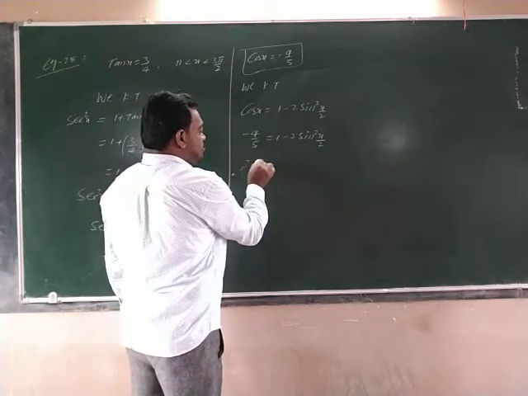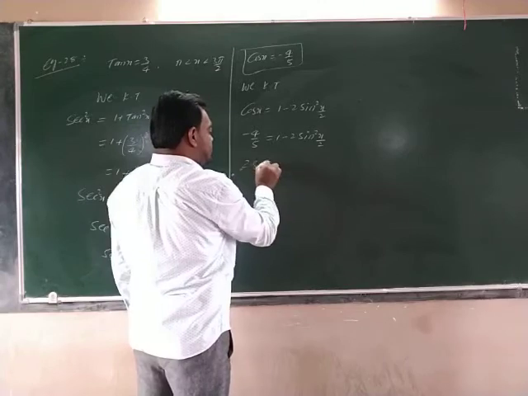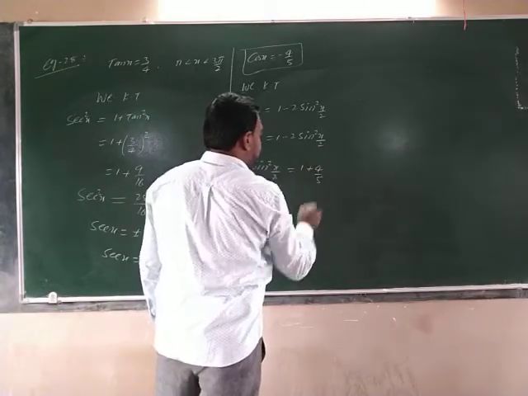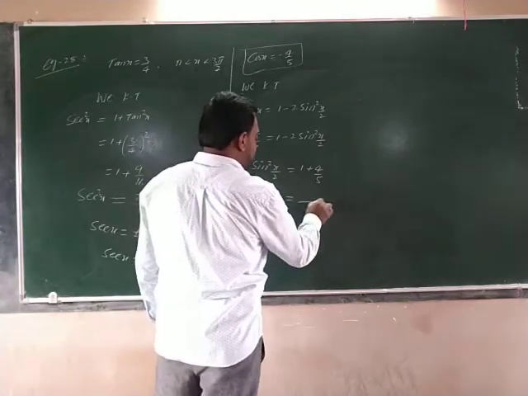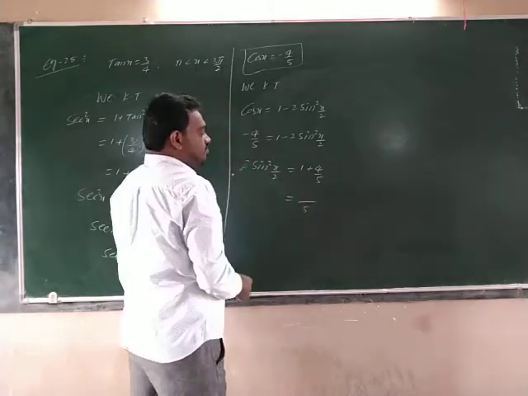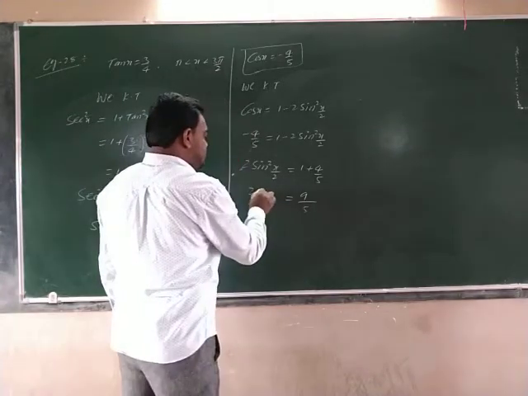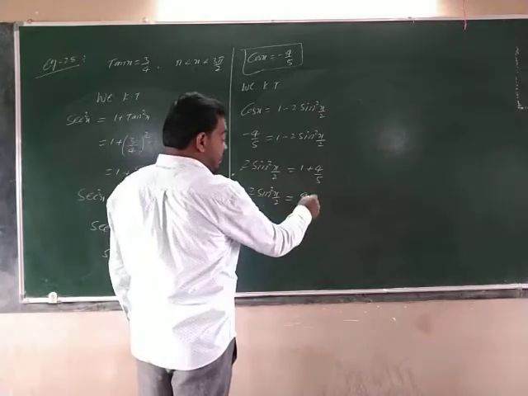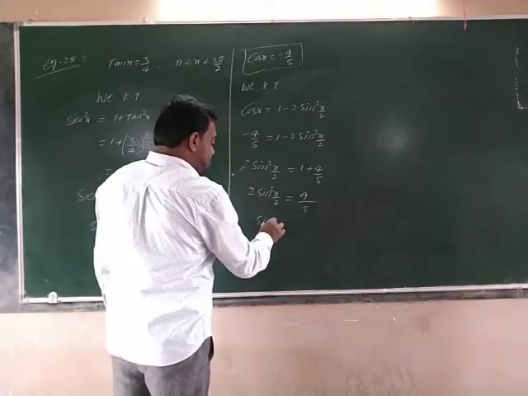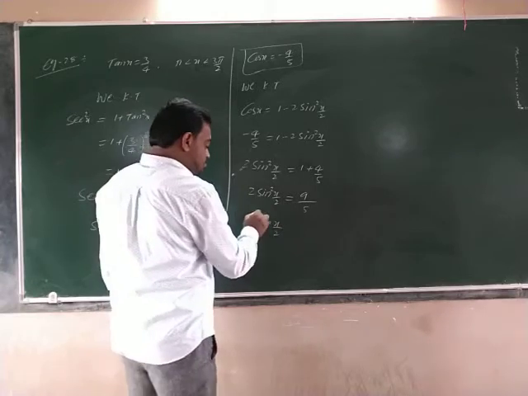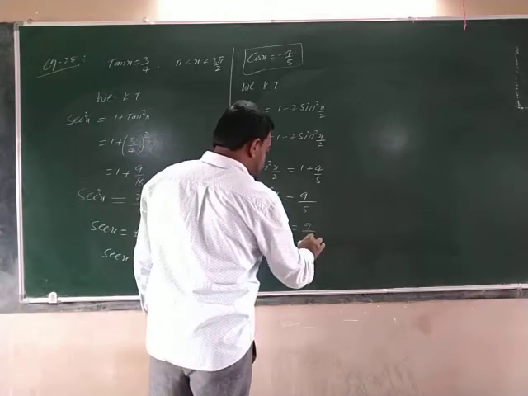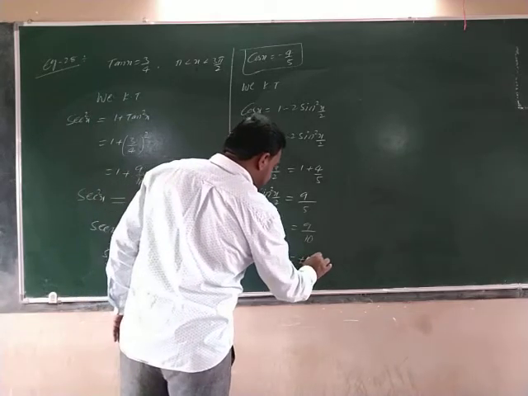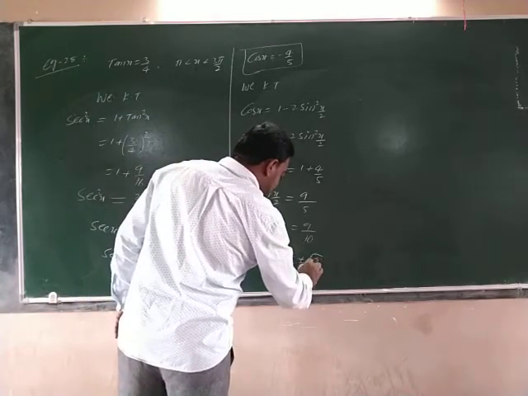Now 2 sin square x by 2 is equal to 1 plus 4 by 5. 5 is the LCM: 1 into 5, 5 plus 4, 9. So 2 sin square x by 2 is equal to 9 by 5, then sin square x by 2 is equal to 9 by 10. Sin x by 2 is equal to plus or minus root 9 by 10.